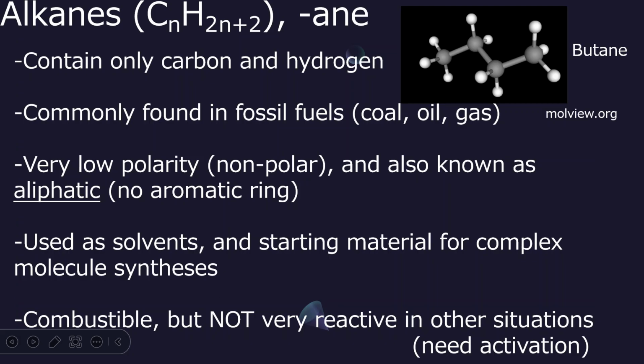So we'll start with the basic one, which has no real functional group: alkanes. I'm going to provide you with a general chemical formula for all of these. Alkanes are generally CnH2n+2. So however many carbons you have, you have double that amount of hydrogens plus 2.